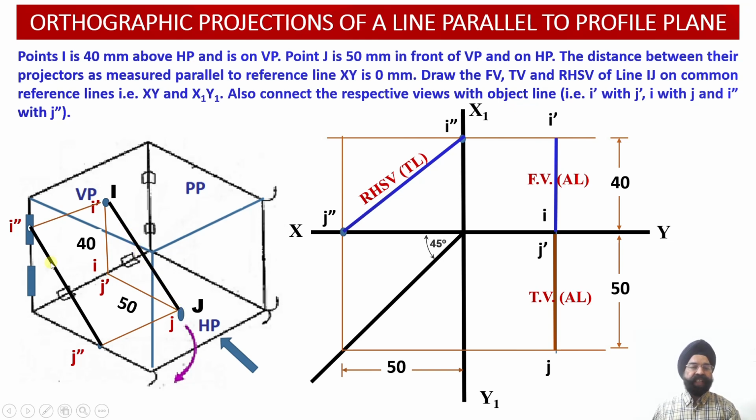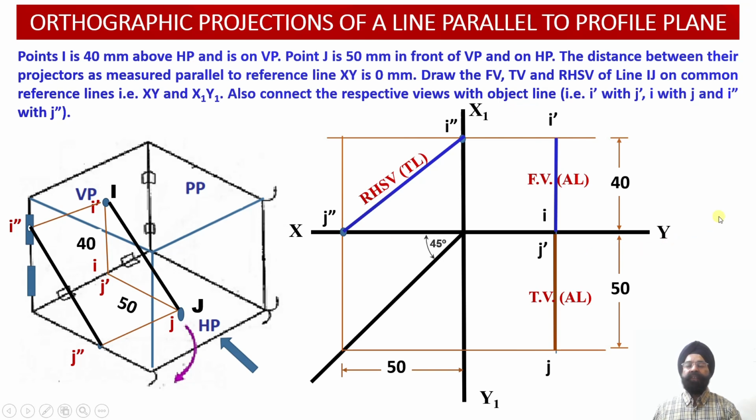Since this line IJ is parallel to the profile plane, onto the profile view, that is the right hand side view, I double dash J double dash, we have been able to obtain the true length projection of this particular line.